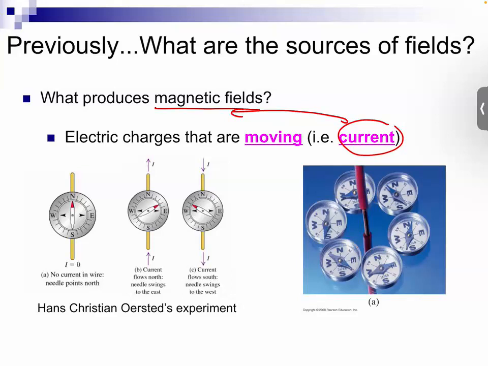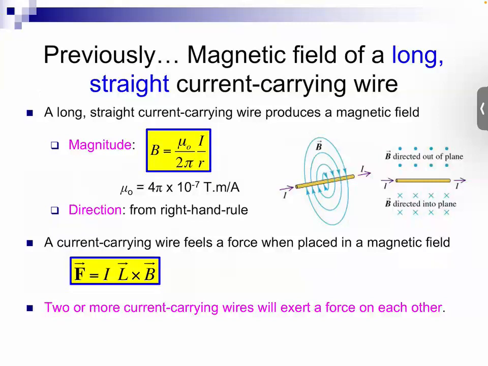Okay. And in our last lecture, we derived the equation that gives us the magnetic field that is created by a current I flowing through a straight wire. We used Ampere's law to derive this equation for the magnitude of the magnetic field.